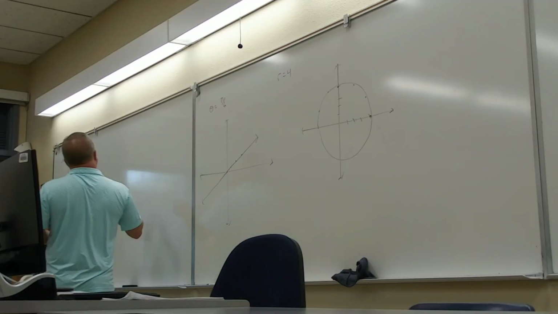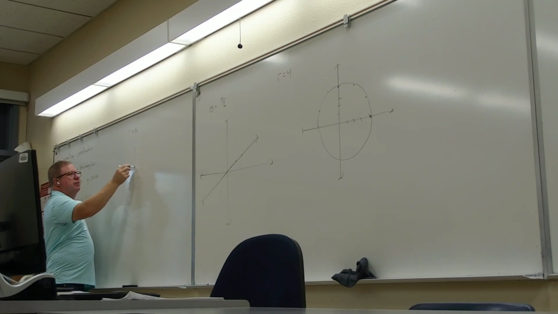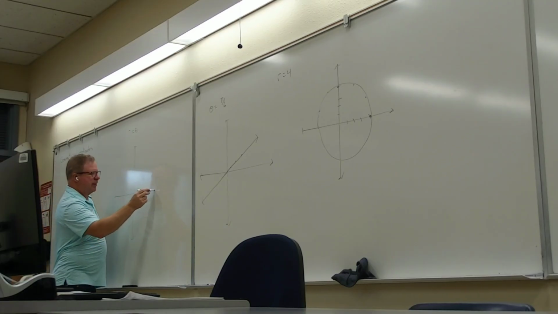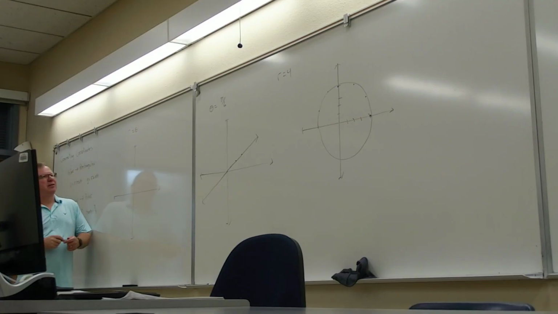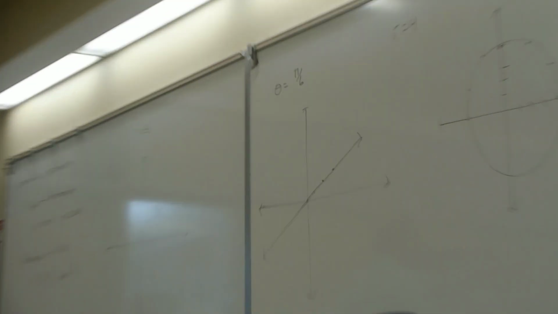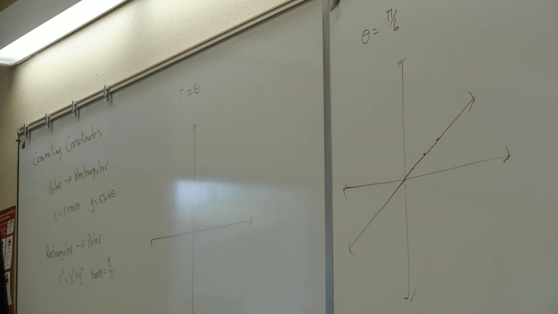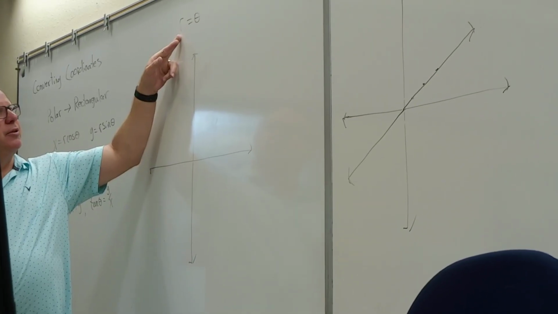Now what's kind of cool though is when you do r equals theta. Any guesses? Like an oval or something? As theta increases, r increases the same, right? If we put in pi over 6 for theta, r is pi over 6.